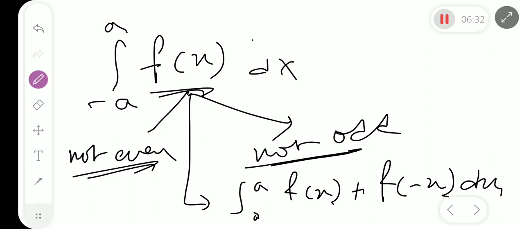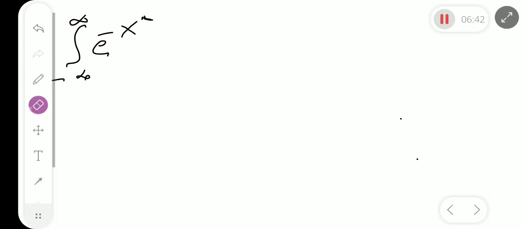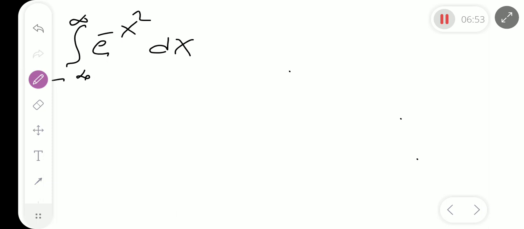Now see what I will do. Here the integration is from minus infinity to infinity of e to the power minus x square dx.